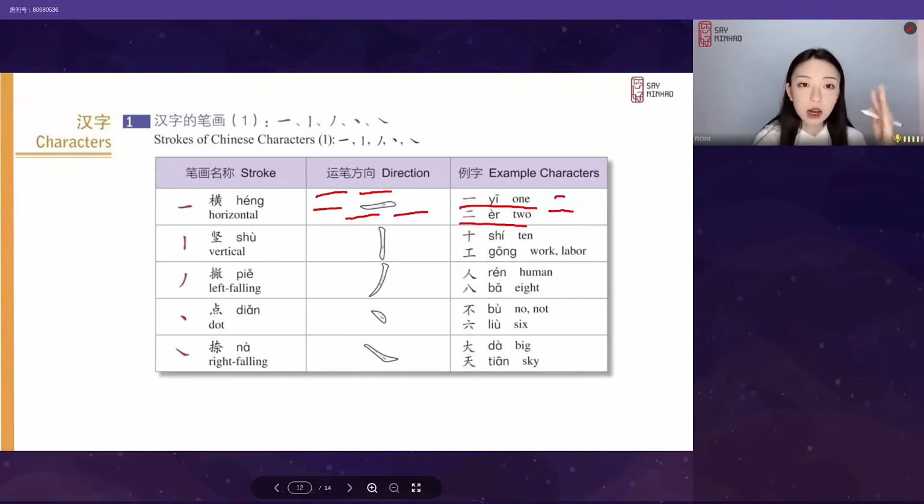It is 二. It means two. So this is horizontal, 横. Next one is 竖, which means vertical. And the direction of writing it is from top to bottom.